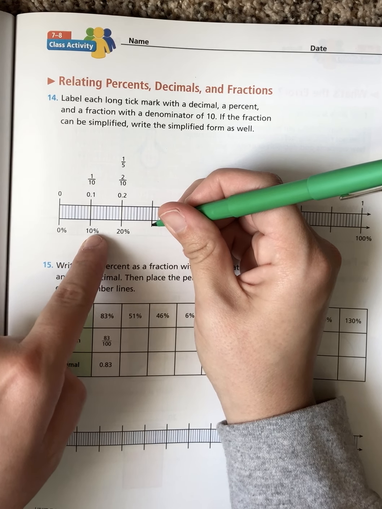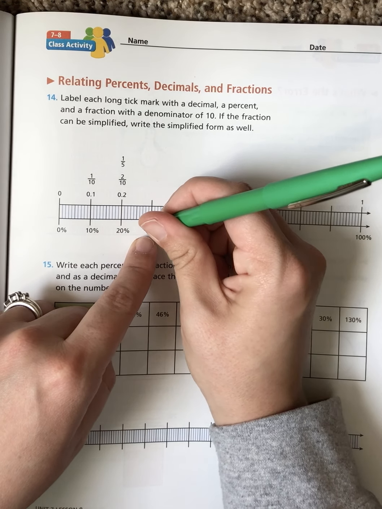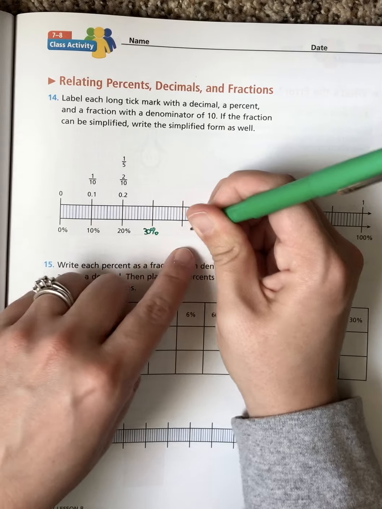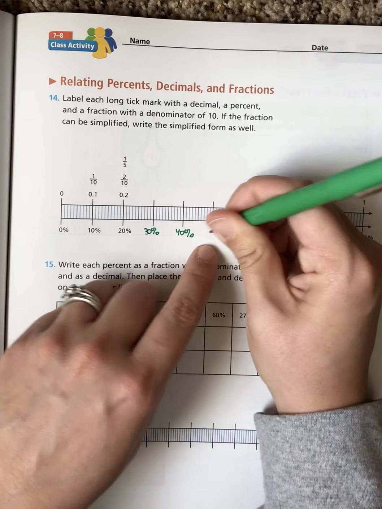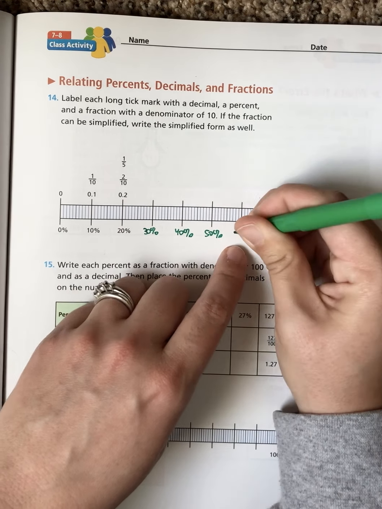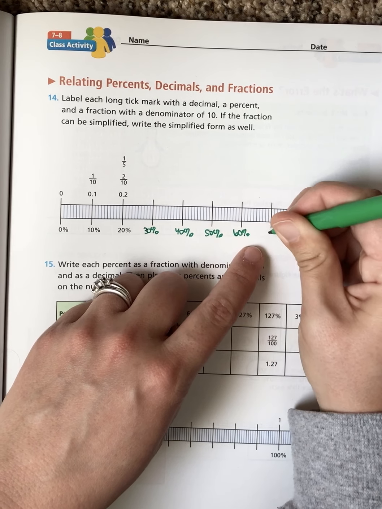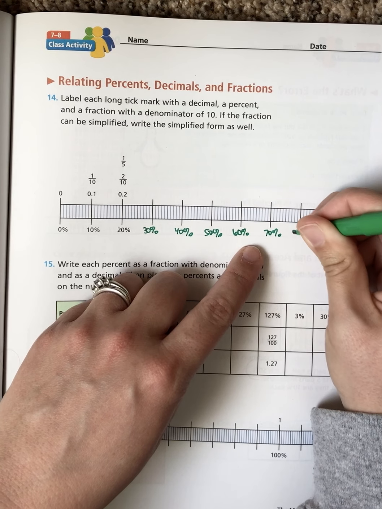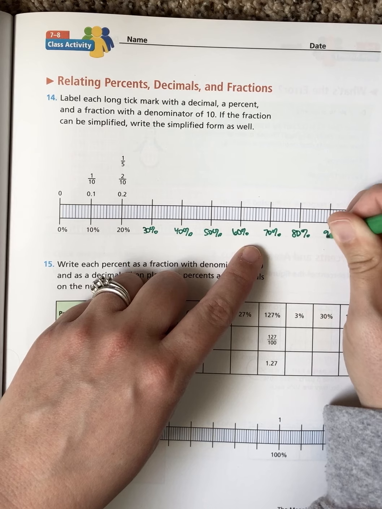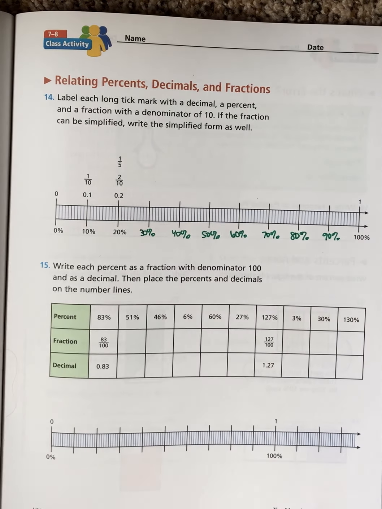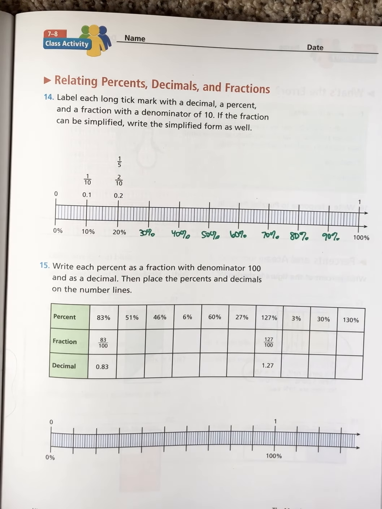0%, 10%, 20%, 30%, 40%, 50%, 60%, 70%, 80%, 90%, and 100%.